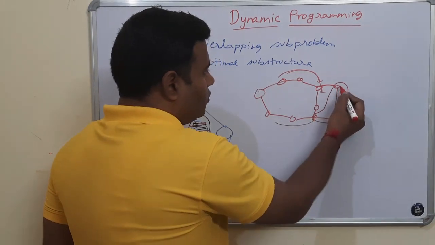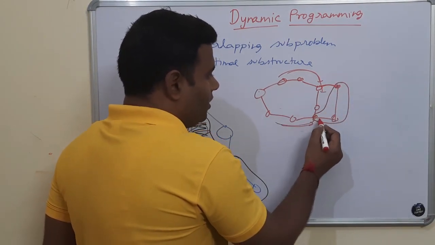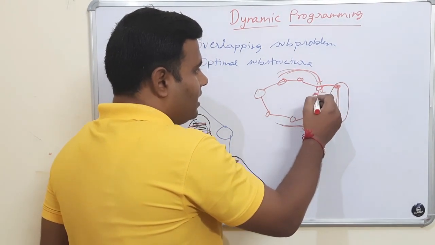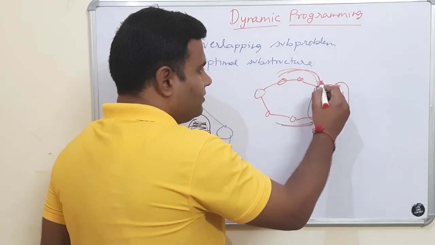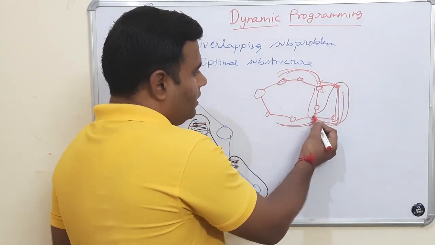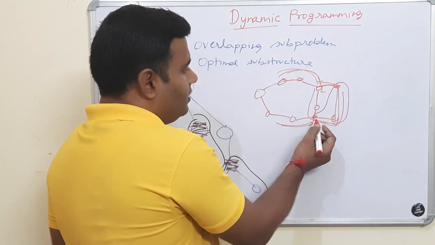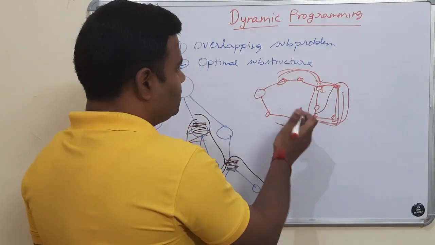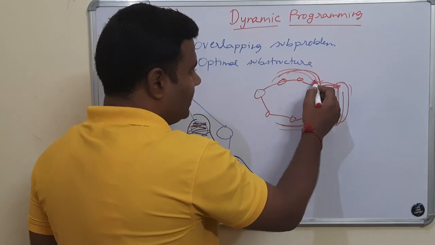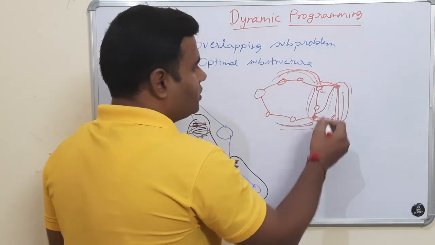To reach this particular node, if you come from this route, only this path is available. But if you come from the other route, then the other path is definitely available. So at this point, if I ask what the optimal substructure is, if you come from there, definitely this one.